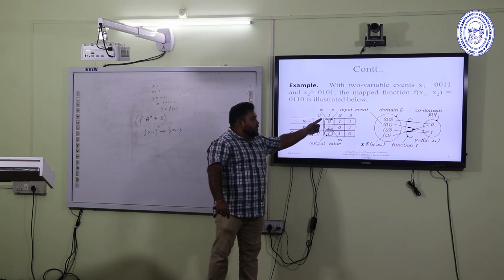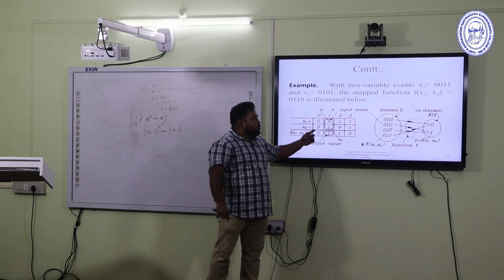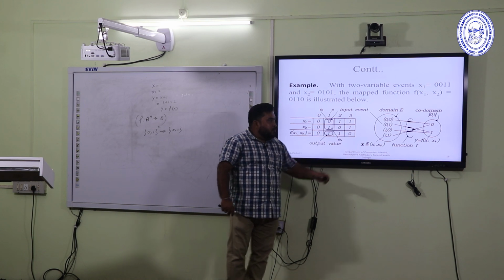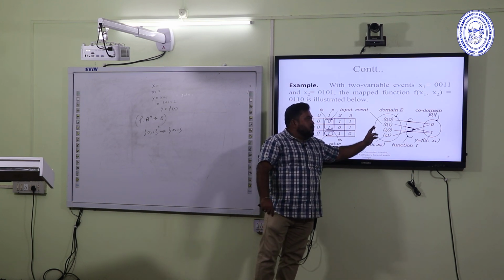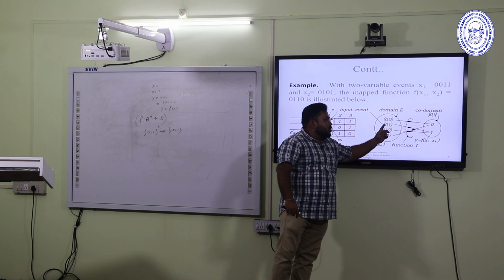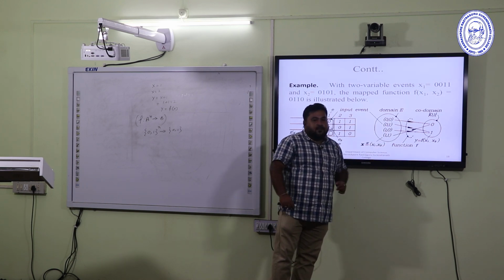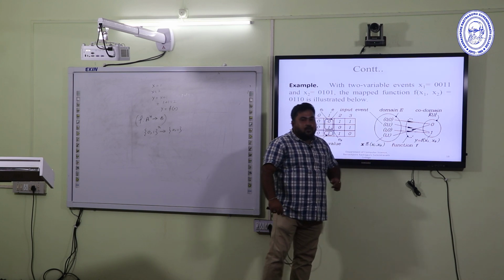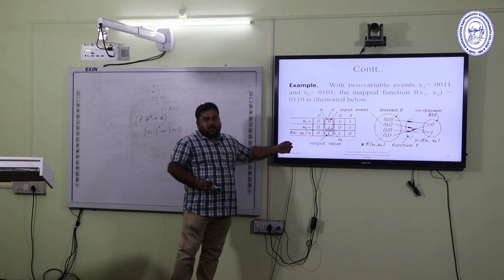So here 0 1 and 1 0 map to the value 1, and 0 0 and 1 1 map to the value 0. This is the overall domain, 0 0, 0 1, 1 0, 1 1. So this is the function y equal to f of x1 x2, and mathematically this is the XOR function.